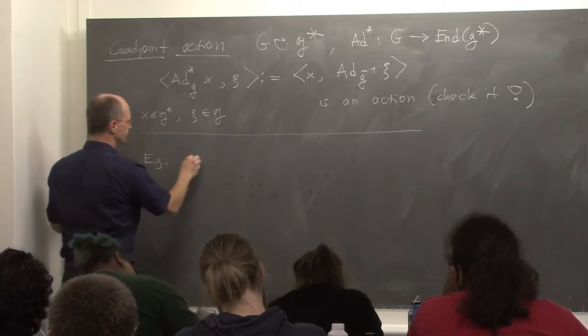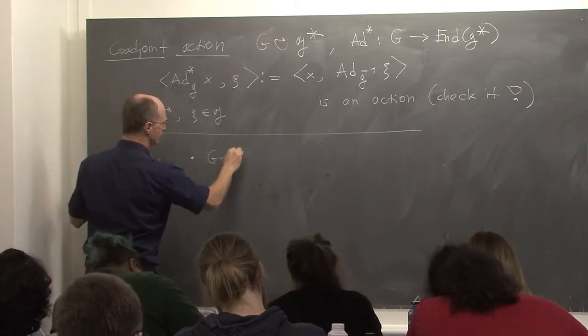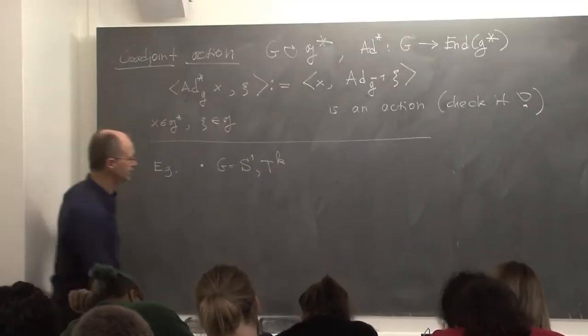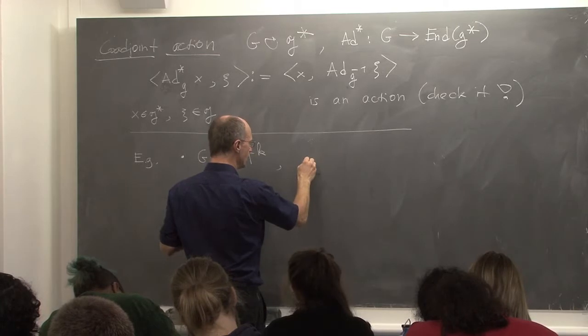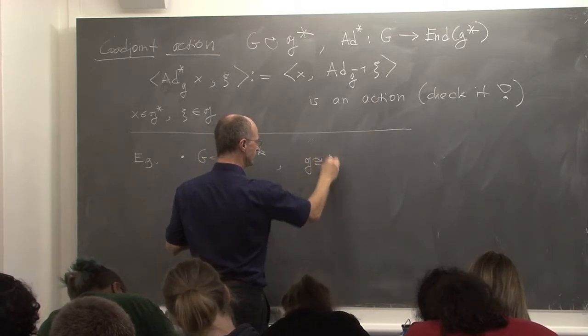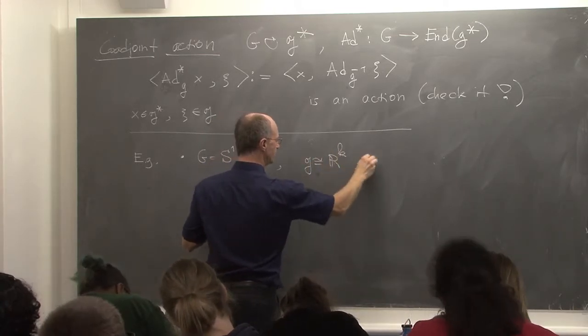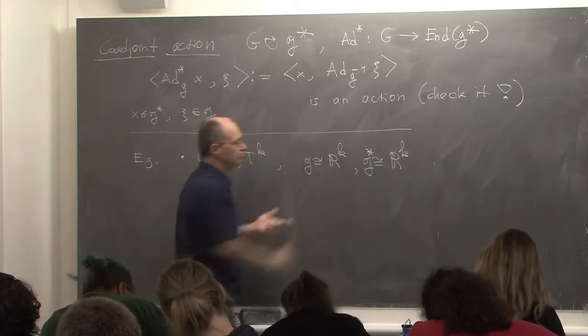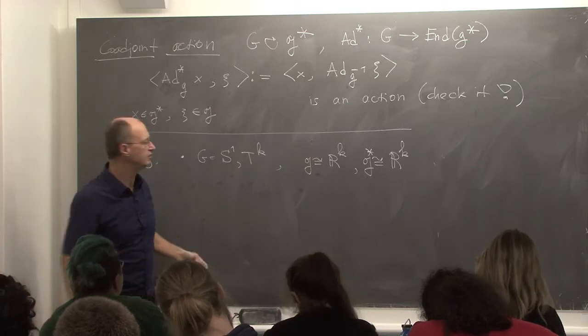The same examples. In the abelian case, G equal to S1 and Tk, well, G, as we know, is Rk. Well, G star is also Rk.